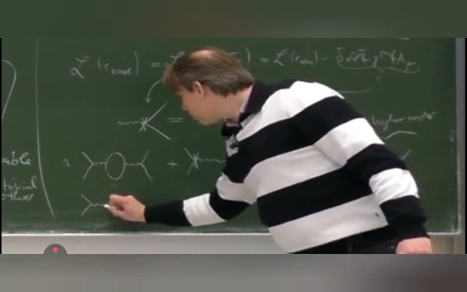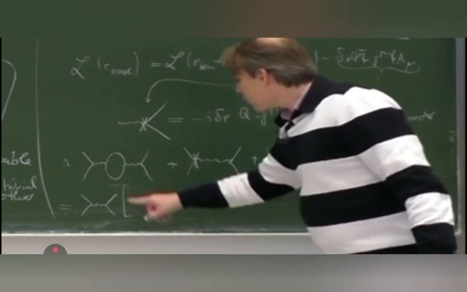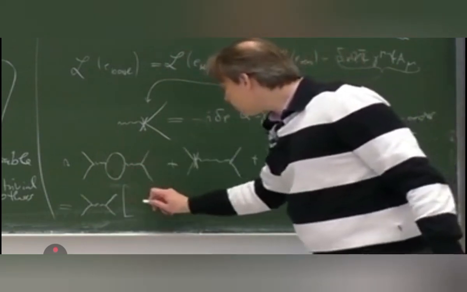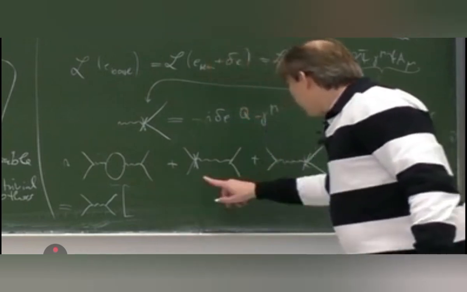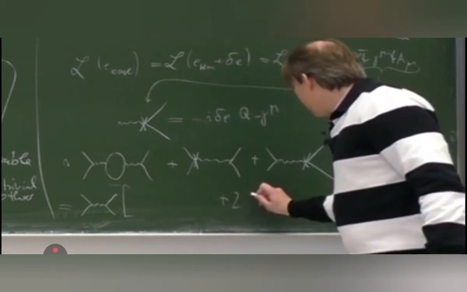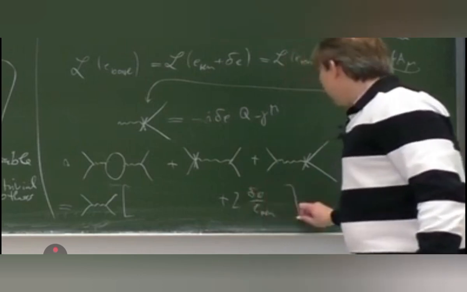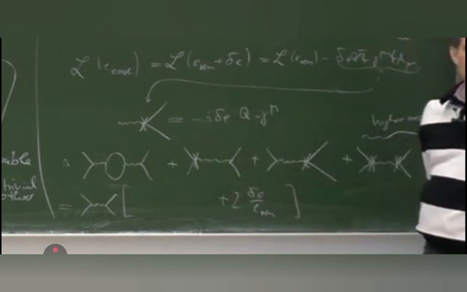So in combination, we can write this as the tree-level Feynman diagram times the following correction. So from here we get the correction factor. So let's start here. We get 2 times delta e over e renormalized as a correction factor, because that is just the same as tree-level times that correction.